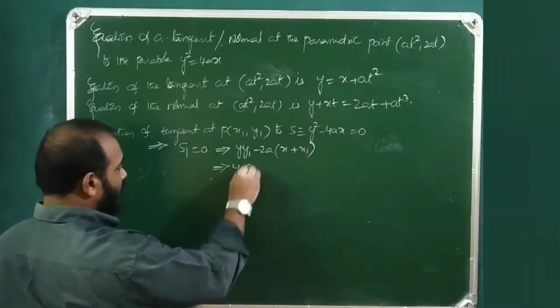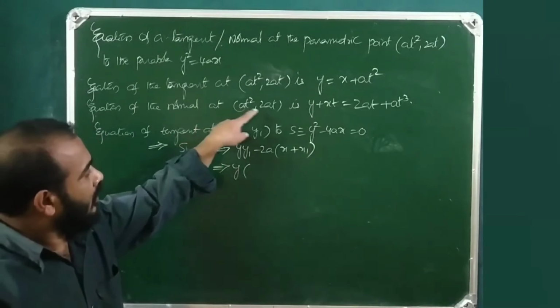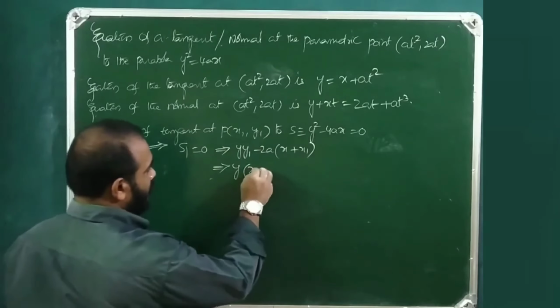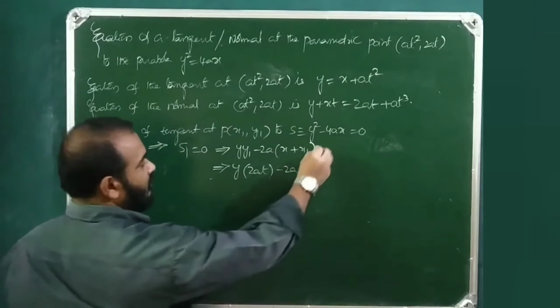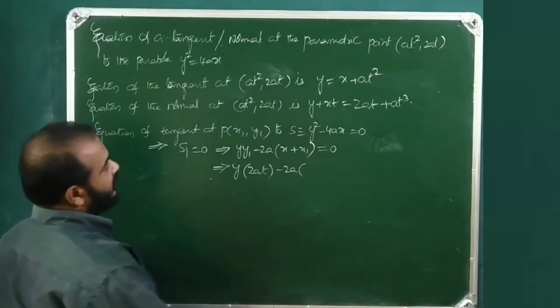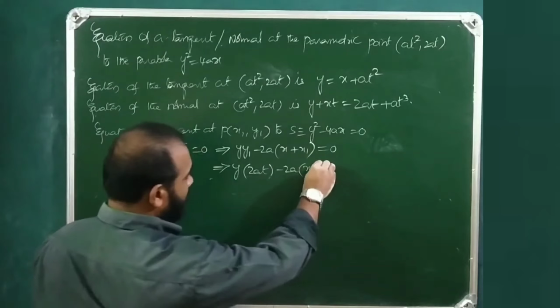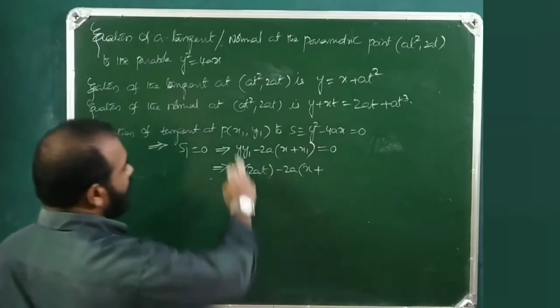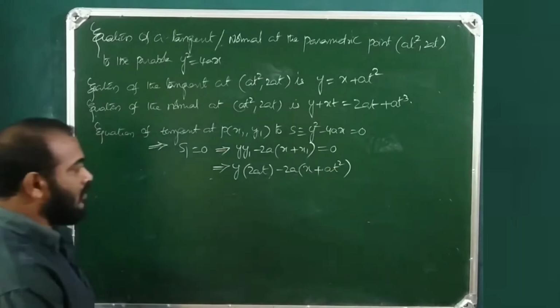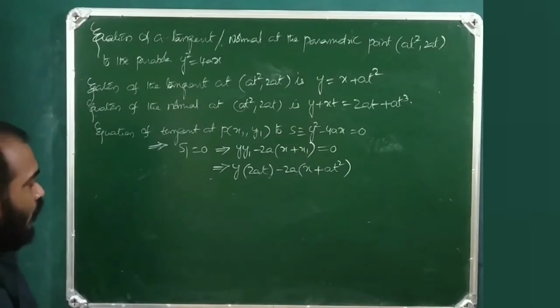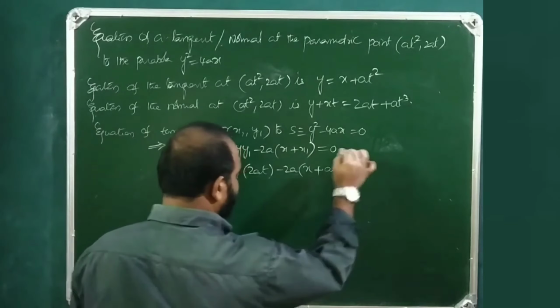So what is y1? 2at. So y(2at) - 2a(x + x1) = 0, and x + x1 is x + at².